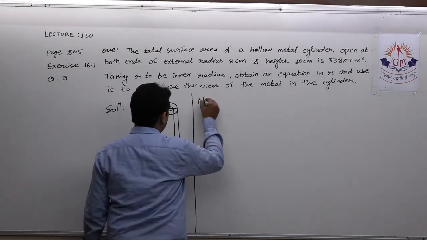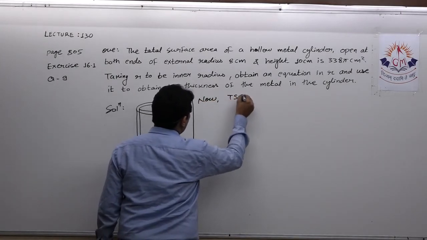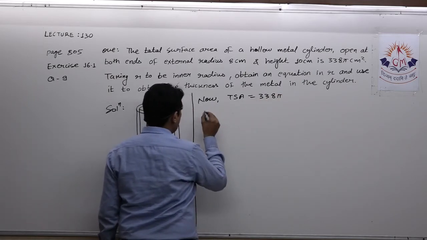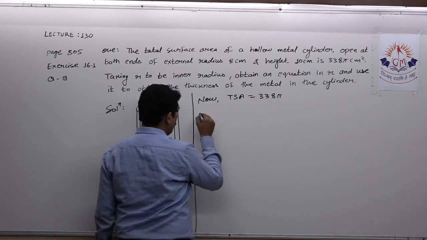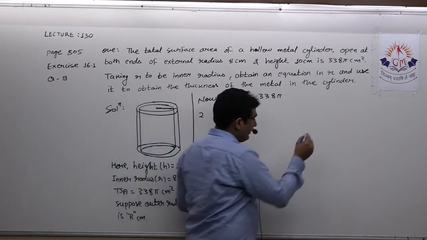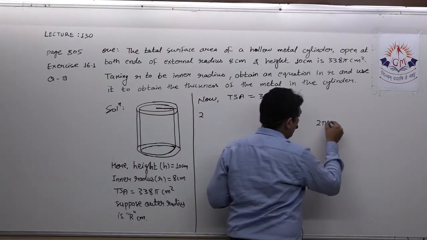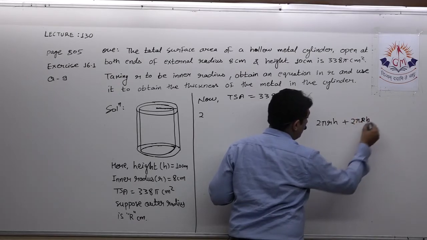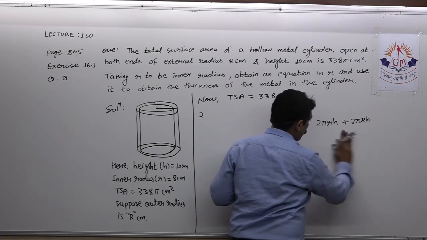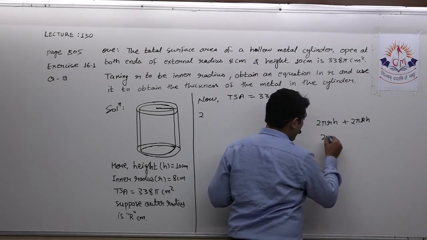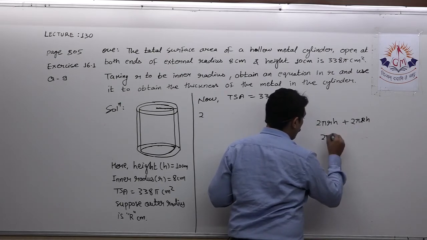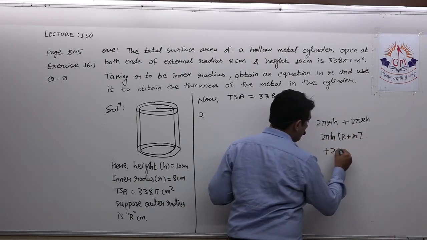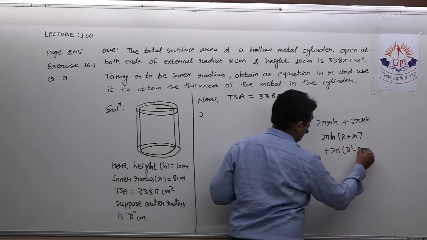So now TSA is equal to 338 pi. Total surface area of a hollow cylinder is inner CSA, then outer CSA, then 2 into area of ring. So if I take 2 pi h common, here I will get r plus R, and then plus 2 pi R square minus r square.